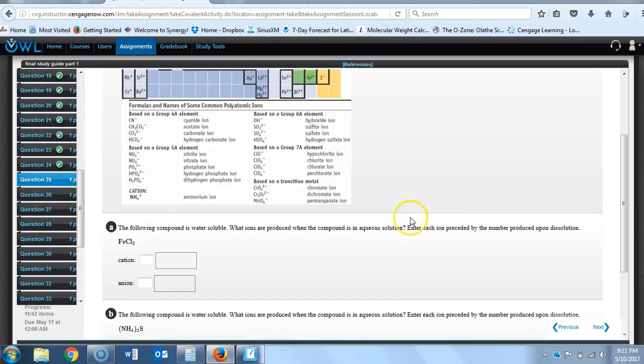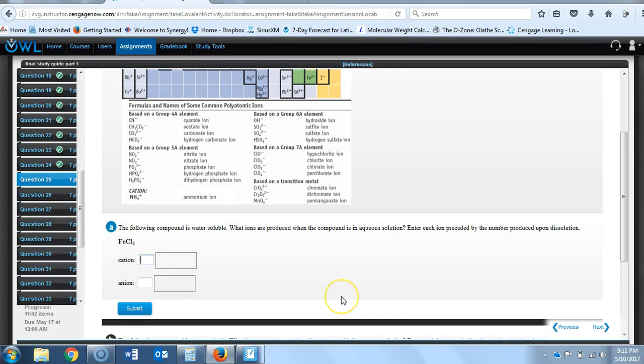Question has multiple parts. The following compound is water soluble. What ions are produced in aqueous solution? The cation is going to be iron, Fe, and it's going to be 2 plus because it's a plus 2.